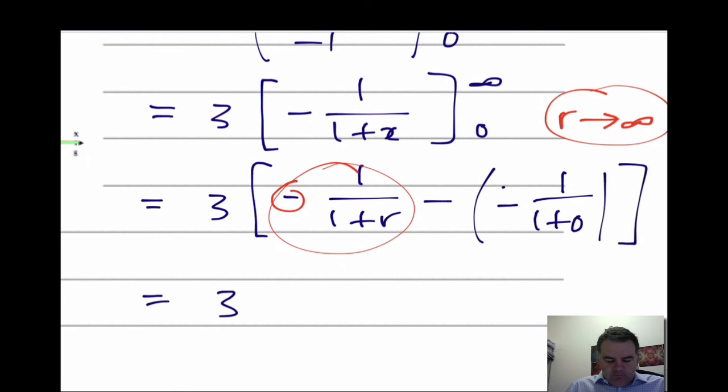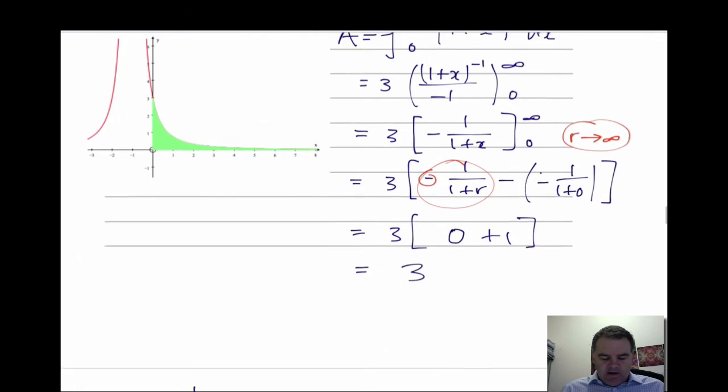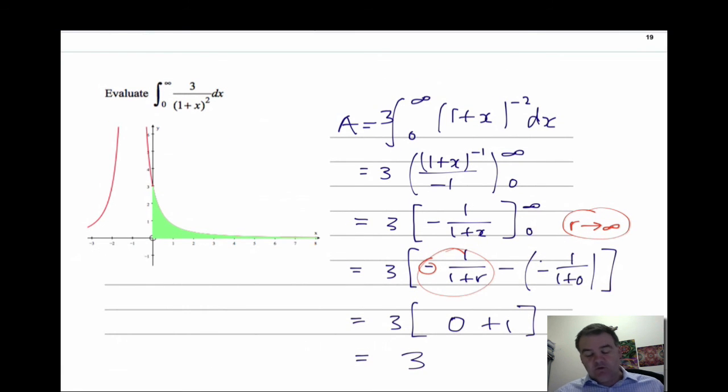So what do we have? 3, that's going to tend towards 0. And this fraction over here in the second bracket, 1 over 1 plus 0 is just 1, so negative 1, that's just going to be plus 1. So 3 times 1 is 3. Okay? So the area underneath that curve looks like it should be infinite, but is actually only 3.